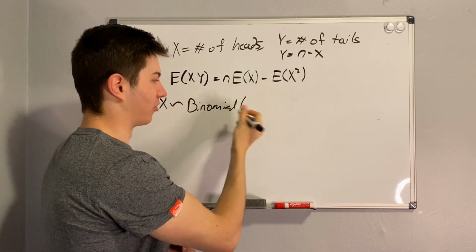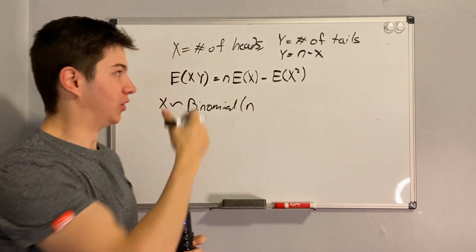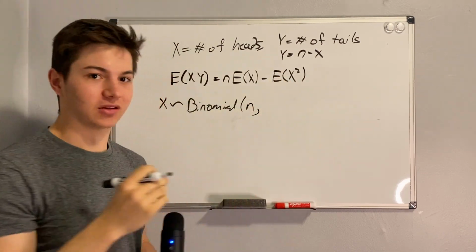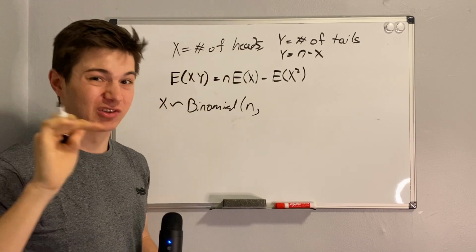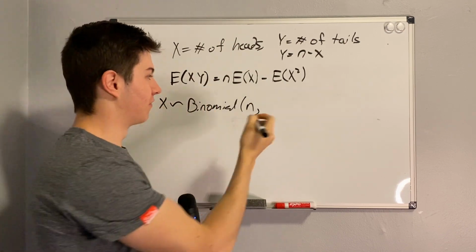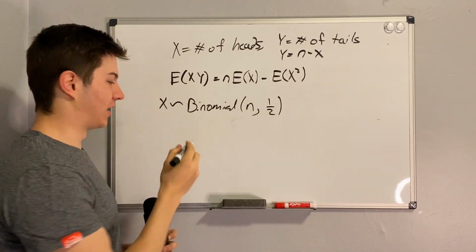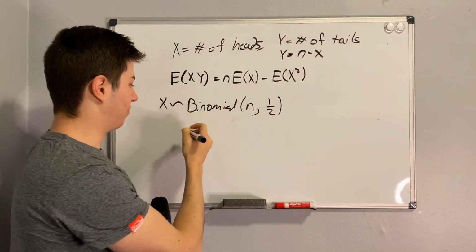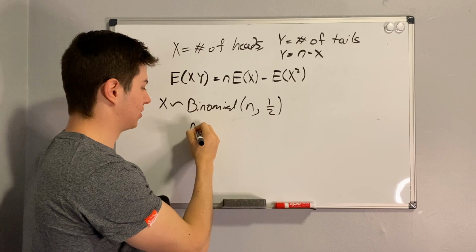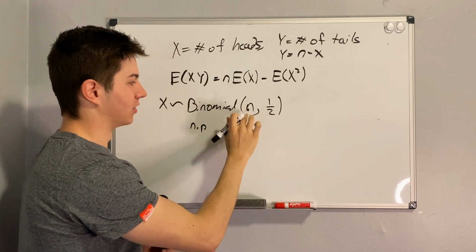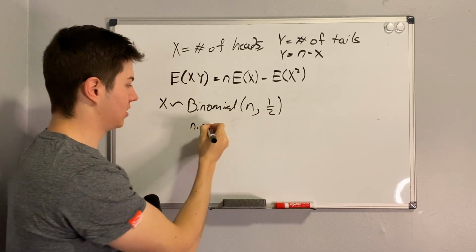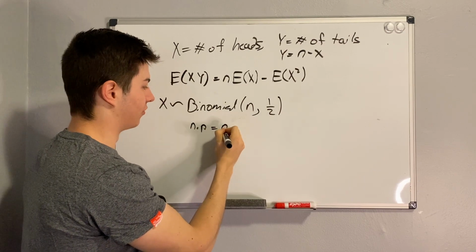Here the number of trials is n, since we tossed the coin n times, and since this is a fair coin, the probability of success for getting heads is 1/2. For any binomial distribution, the mean is n times p, where n is the number of trials and p is the probability. So in this case, it is n/2.